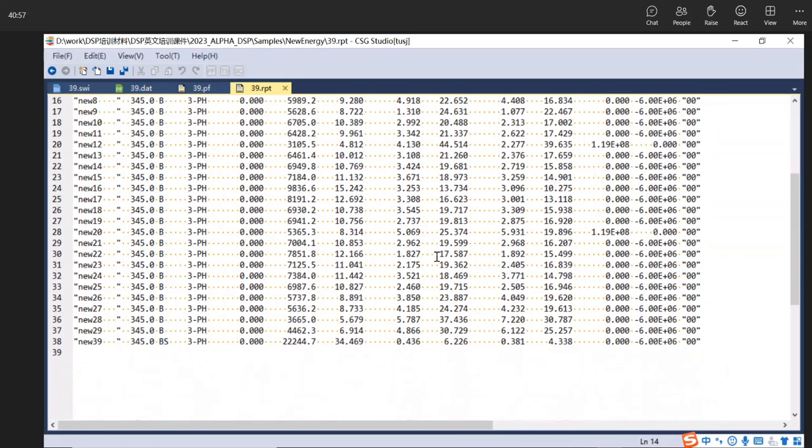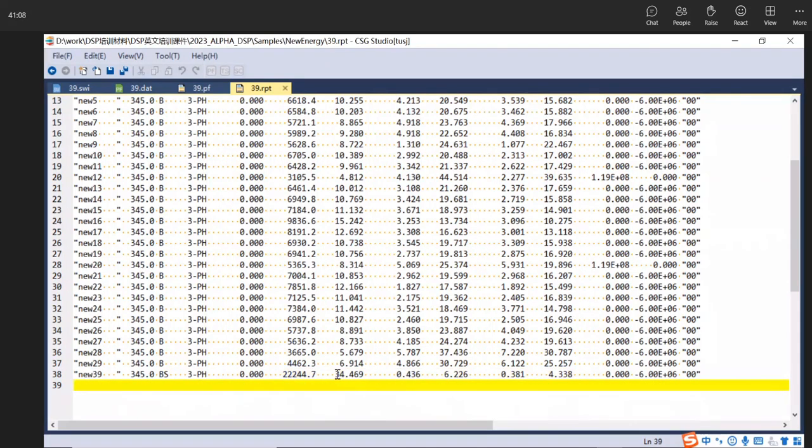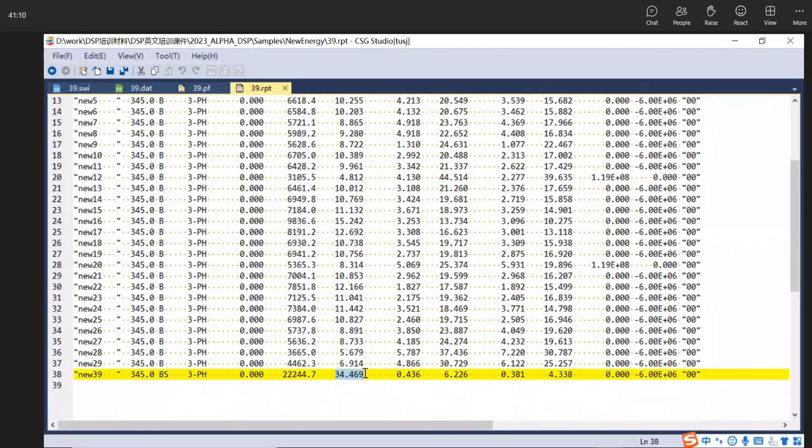And you can easily see which node has the highest current. For example, we can see the new 39 has the 43 kiloamperes.